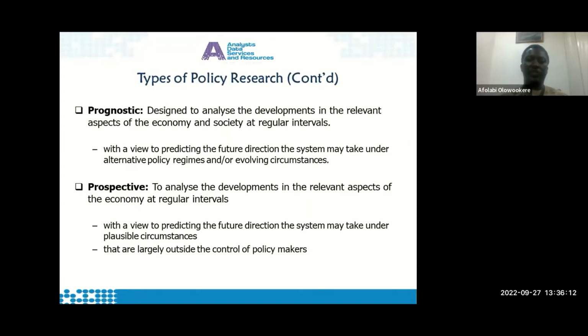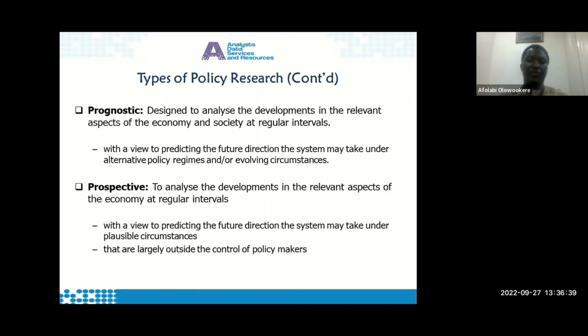It can also be prognostic, which is designed to analyze the developments in the relevant aspects of the economy and society at regular intervals. The view is to predict the future direction the system may take under alternative circumstances. And it can be prospective, when you want to look at developments in the relevant aspects of the economy at regular intervals.